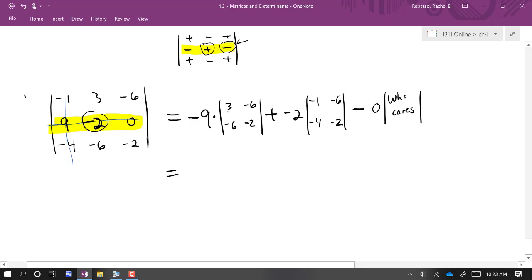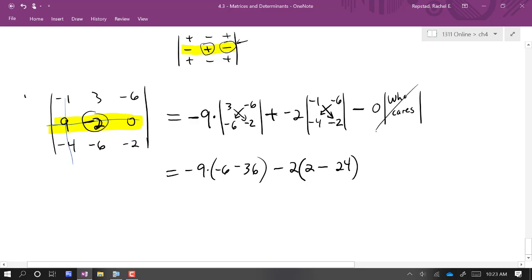I'm going to find these determinants of the 2 by 2s. So we get 3 times -2 is -6 minus -6 times -6 is a positive 36. So -6 minus 36, plus a -2, that's -2 times -1 times -2 is positive 2 minus -6 times -4 is positive 24.